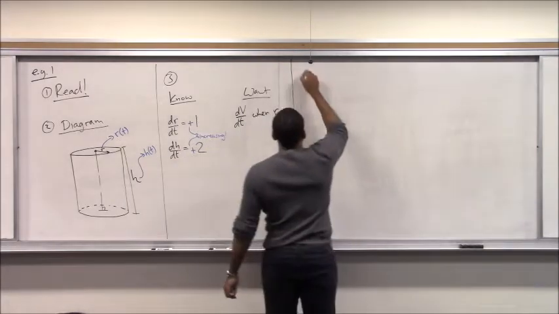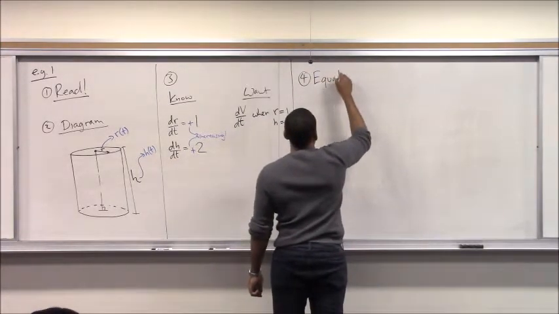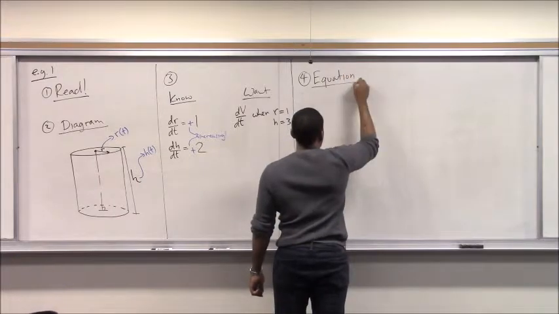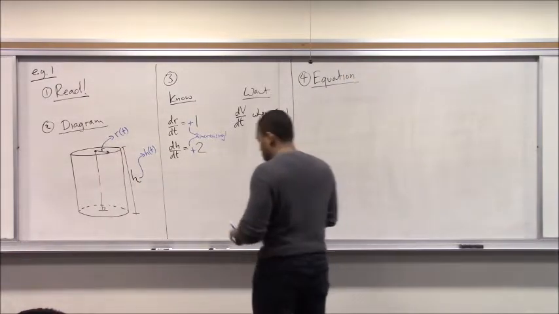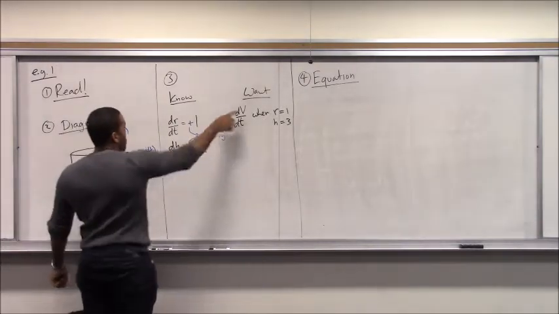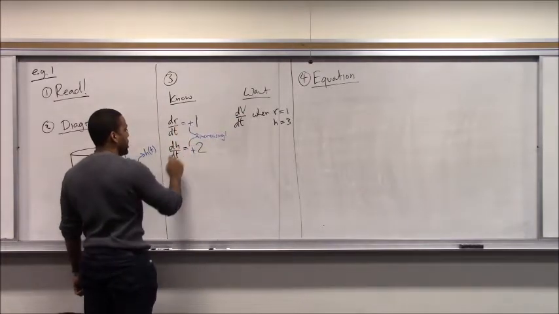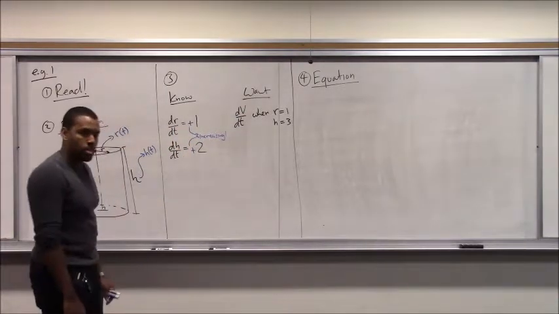Now this brings us to step 4, where we're going to set up that equation. So pretty much step 4 is, you're going to set up an equation that relates all the variables that you wrote down here, which are v, r, and h. What is the equation that relates all of those here?